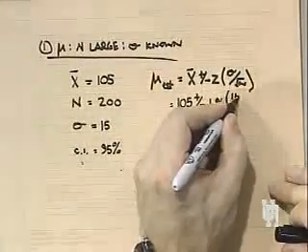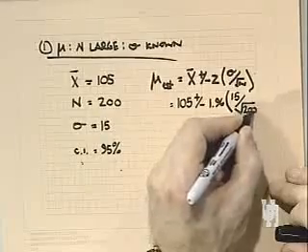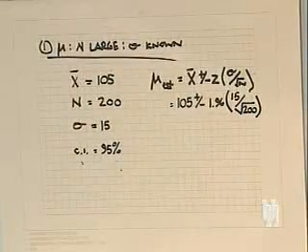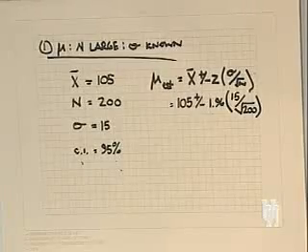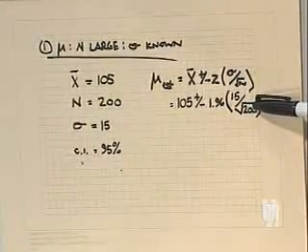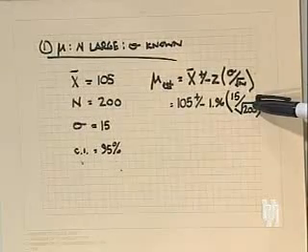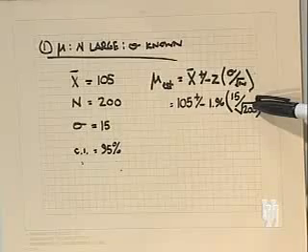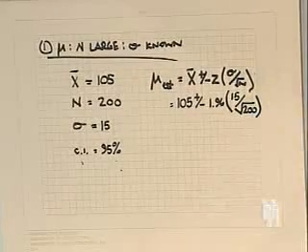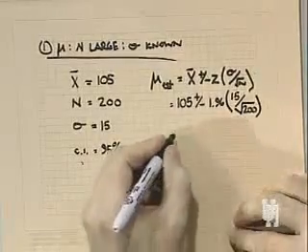Sigma is 15, divided by the square root of n, which is 200. Are there any questions as to how we moved from the general formula to this specific application?